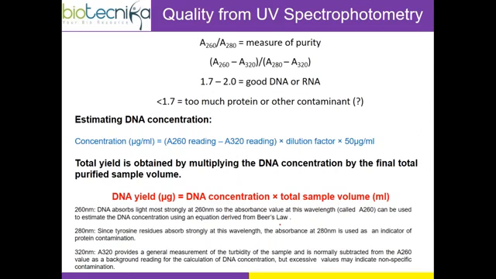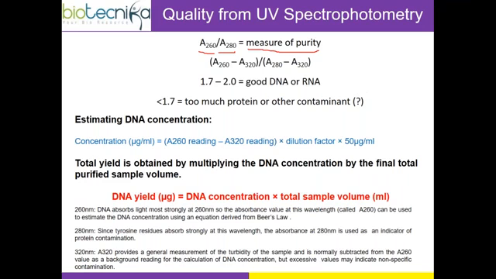Next, we are going to see how we can check the purity of isolated DNA. Very important formula, guys. Always the ratio of absorption at 260 divided by absorption at 280 will give you the purity of the isolated nucleic acid.